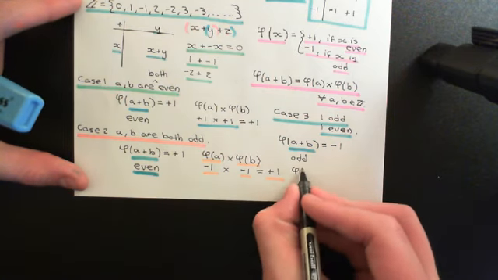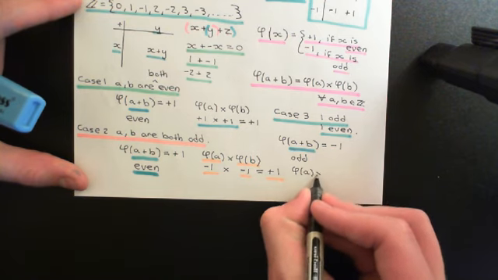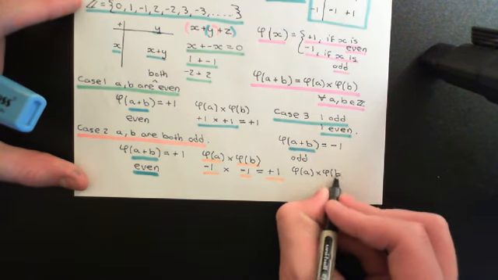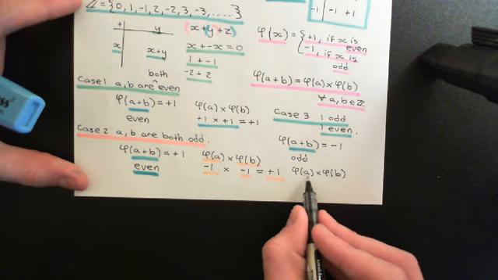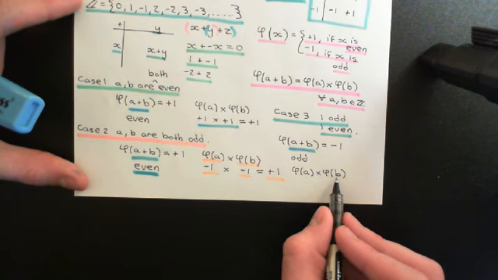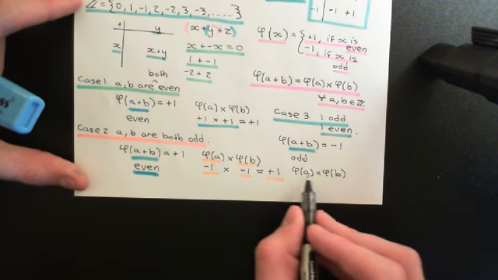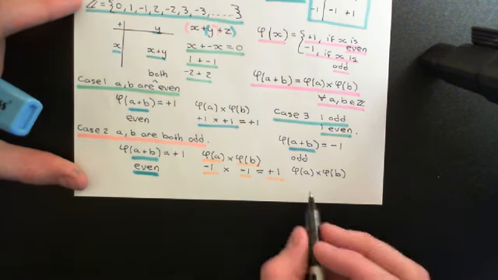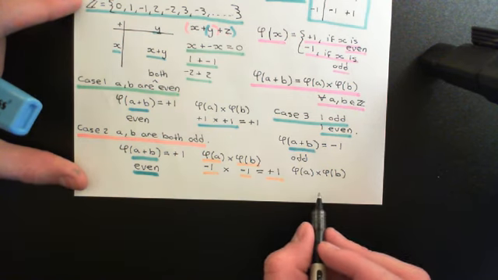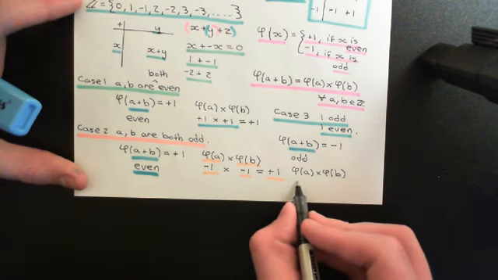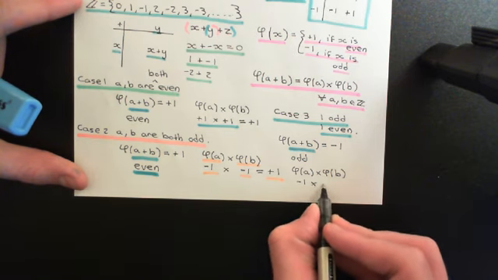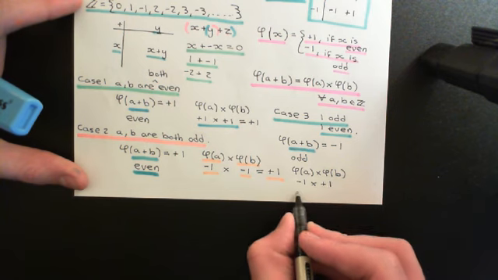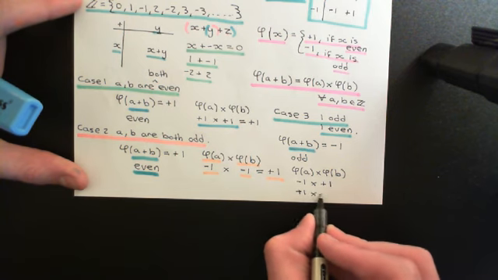Now let's have a look at the right-hand side, phi of a times phi of b here. So one of these is odd and one of these is even. And again I'm pointing at examples, but it could be the other way around basically. So one of these is going to be negative 1 and one of them is going to be plus 1. Now it does not matter which one it is, because -1 times +1 is exactly the same as +1 times -1.